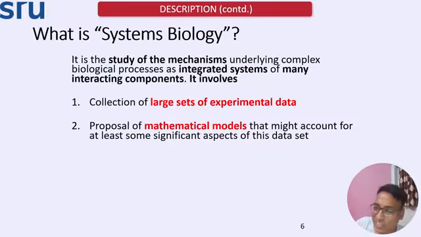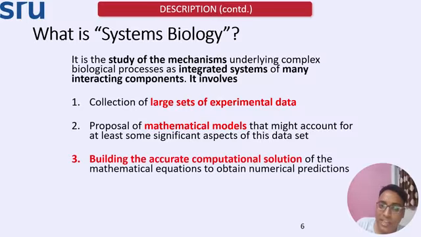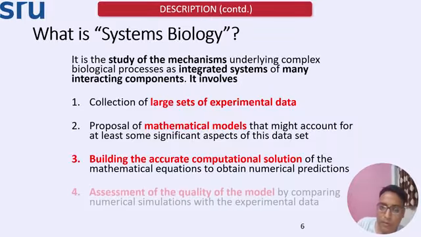Once you correct the data set, you need to build the required mathematical model, building the accurate, optimal computational solution of the mathematical equations to obtain numerical predictions. We need to get the best model and the best computational solution.